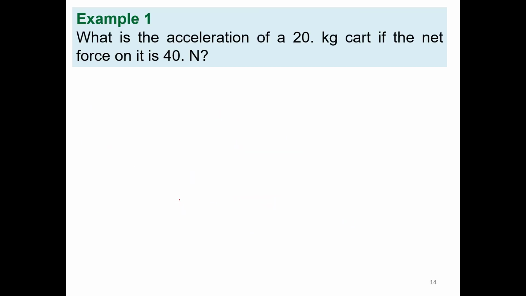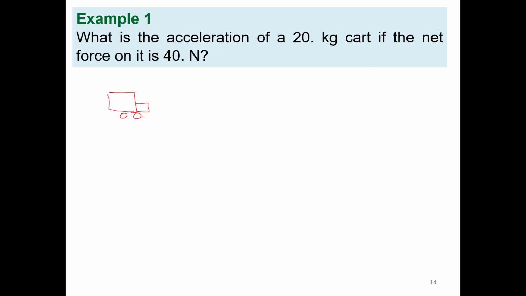And let's try now one more problem. We want to know in this case what is the acceleration of a 20 kilograms cart if the net force on it is 40 newtons. In this case we have the cart, it's like some toy.